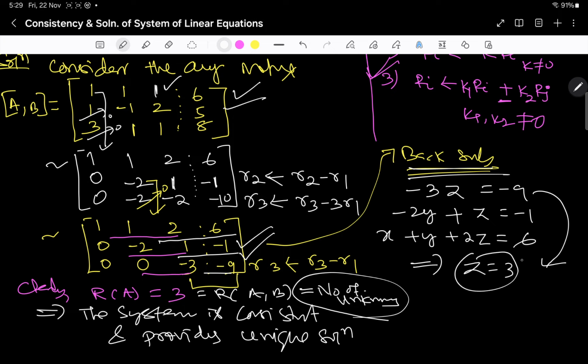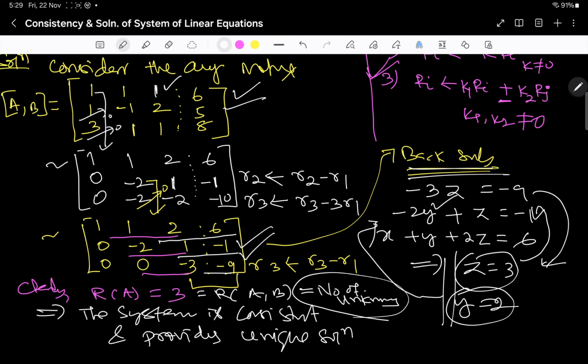Now if you substitute the value of z here, we will get the value of y. So here y will be 2. Then you substitute both y and z here, and it will give you x, isn't it?